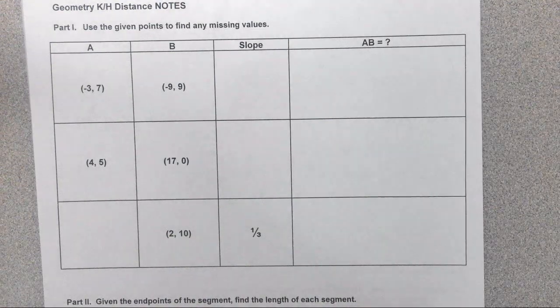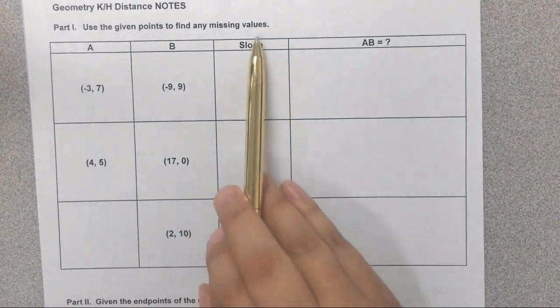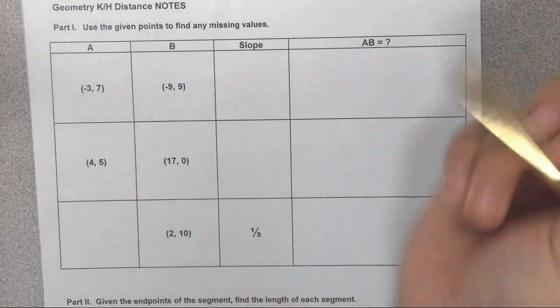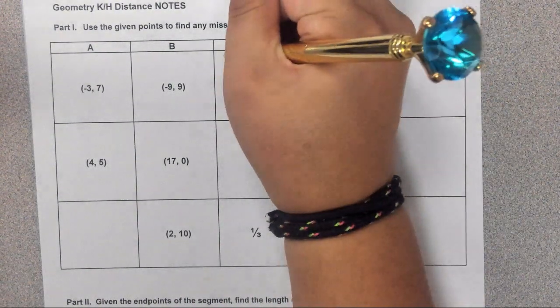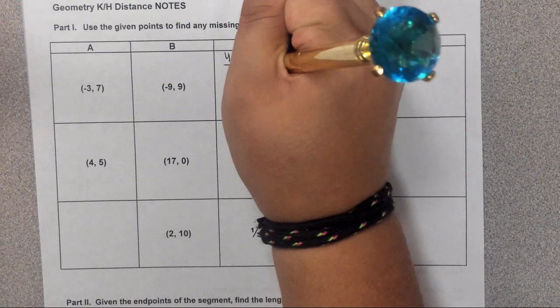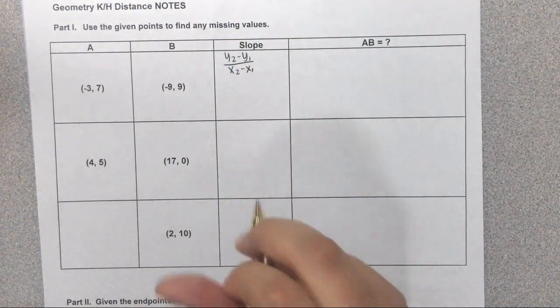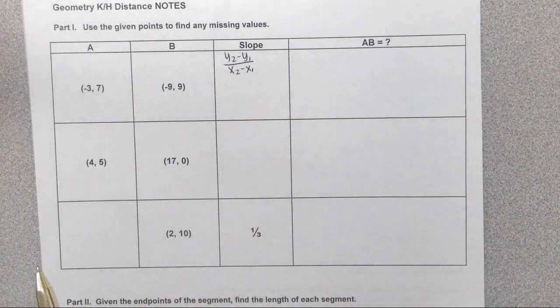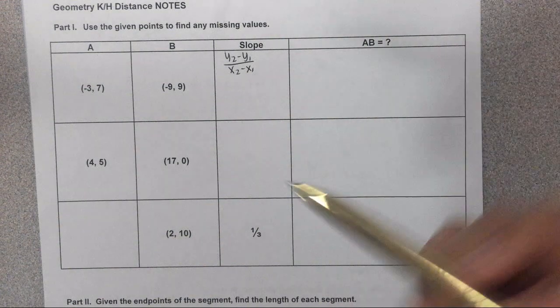Okay, y equals mx plus b is the formula, but how do you find slope? Okay, slope is y2 minus y1 over x2 minus x1. You can do that. You can do delta y over delta x. Mx plus b is the slope-intercept form. I just want the m, essentially.